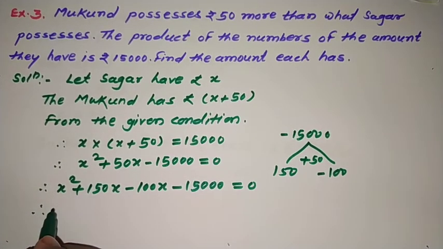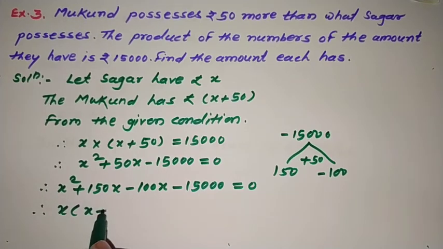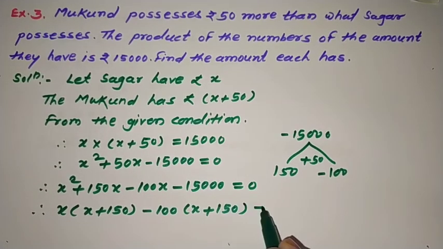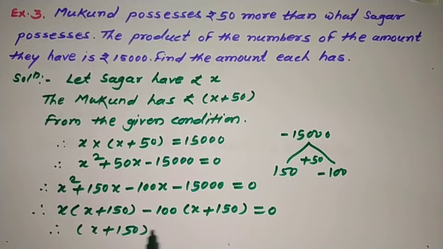Taking the common factor, x is common: x plus 150 minus 100 into x plus 150 is equal to 0. Therefore common bracket x plus 150 and next bracket x minus 100 is equal to 0.